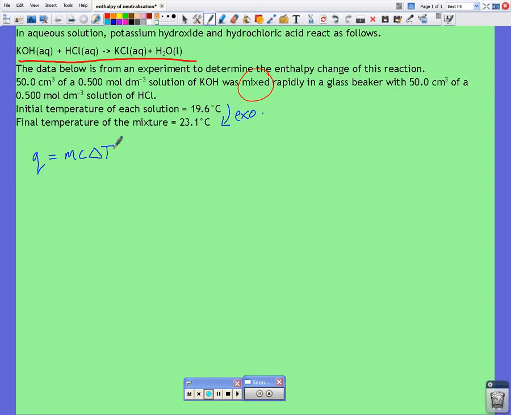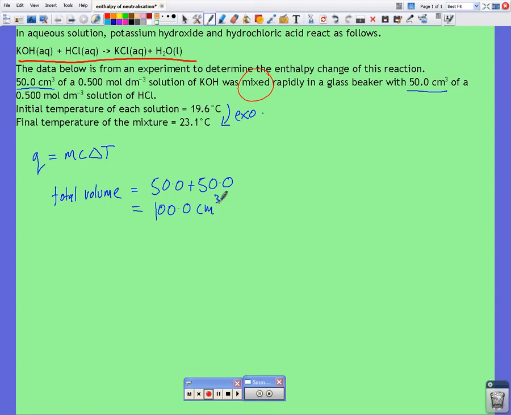Well, we're not given masses, but we are given volumes of the two solutions. And the total volume is the one that has its temperature measured with the thermometer, which is equal to 50.0 plus 50.0, which is equal to 100.0 cubic centimeters.